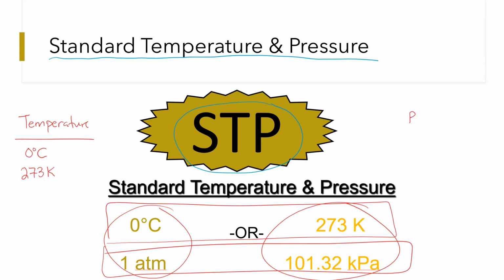For standard pressure, I have 1 atmosphere or 101.32 kilopascal. So these are 4 numbers you guys should know, and it all goes with STP. We're going to see how STP works on the next slide.